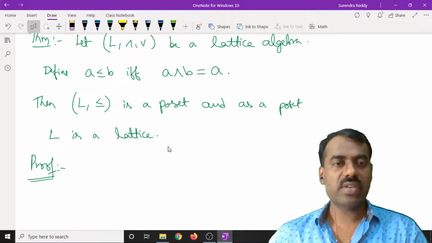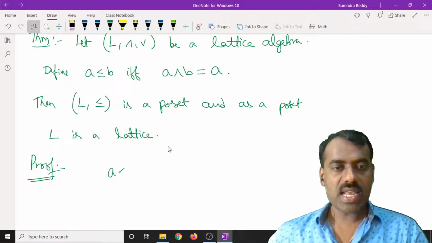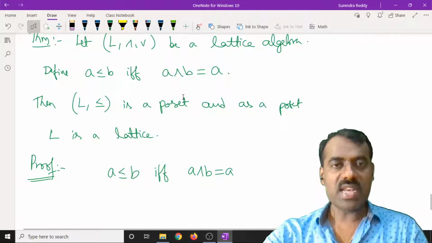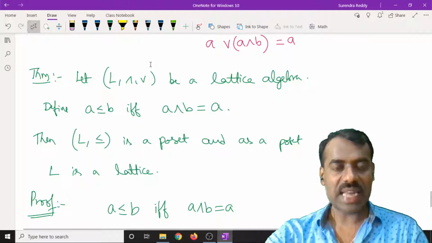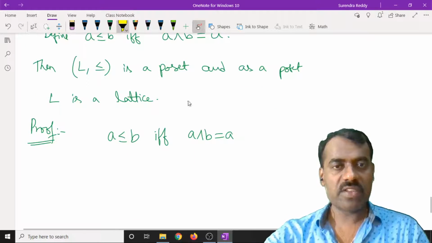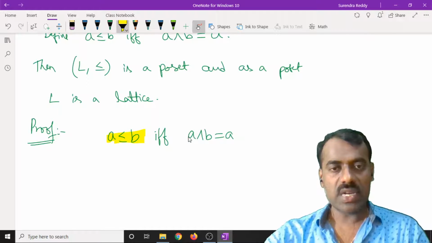What is given? We have defined A less than or equal to B if and only if A meet B is equal to A. So we know something about meet and join because it is given as a lattice algebra. So whenever we want to prove something is less than or equal to, what we do here is we try to show that their meet is the left hand side one.